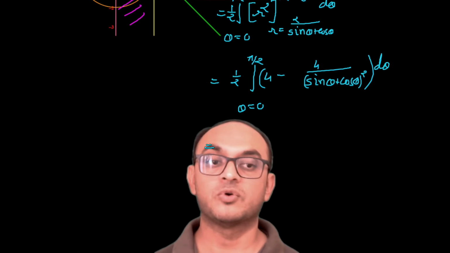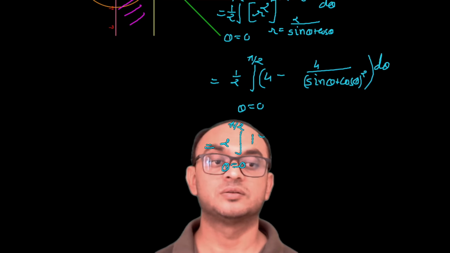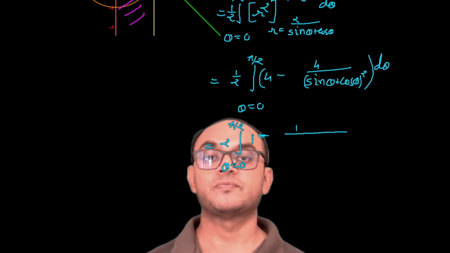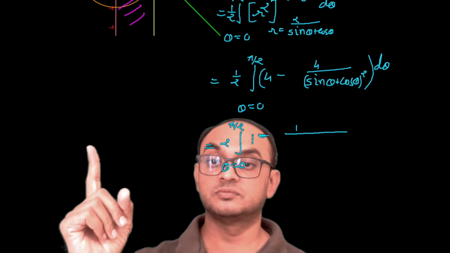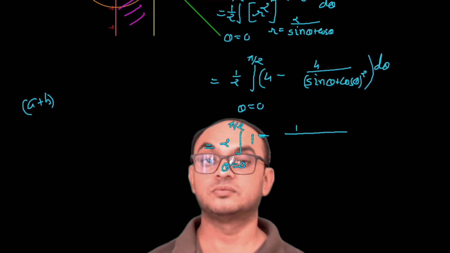So if you take 4 common, then this is 2, integration theta equal to 0 to pi by 2, of 1 minus 1 upon sin theta plus cos theta whole square. Look here, a plus b whole square is a square plus 2ab plus b square.